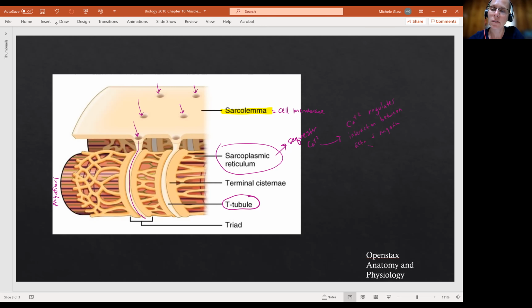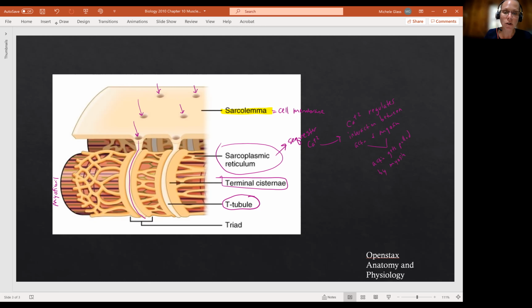And then we also said that the actin gets pulled by the myosin during contraction. So clearly this structure of sarcoplasmic reticulum holding this calcium ion is going to be really important as we get into our physiology. Here we have our enlarged chamber of our SR where the calcium is actually located.